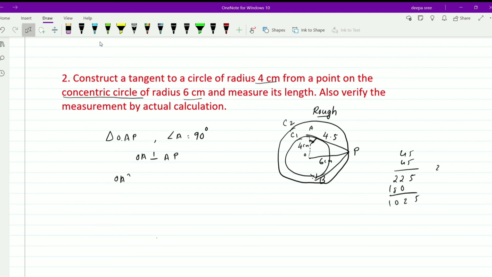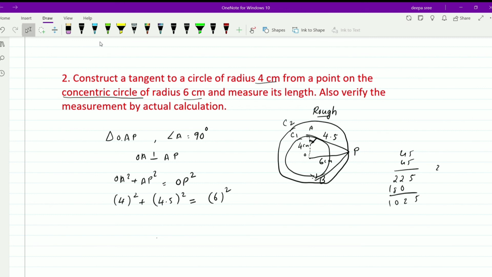OA square plus AP square is equal to OP square. OA, the radius of the small circle C1, is 4, squared, plus AP, the tangent we constructed and measured, 4.5, the whole squared, is equal to OP square, that is 6 squared.